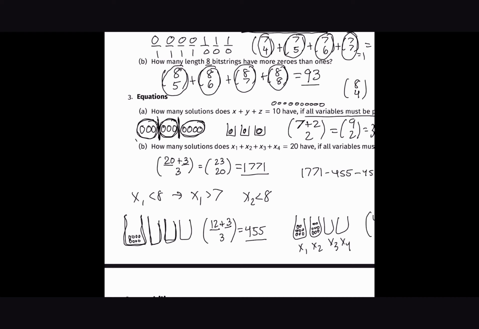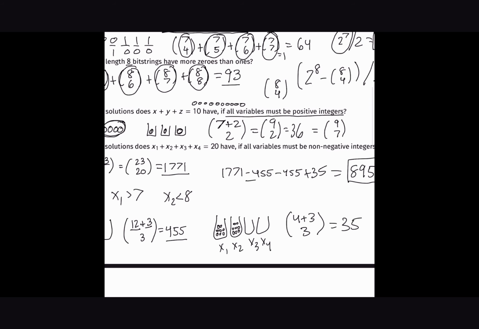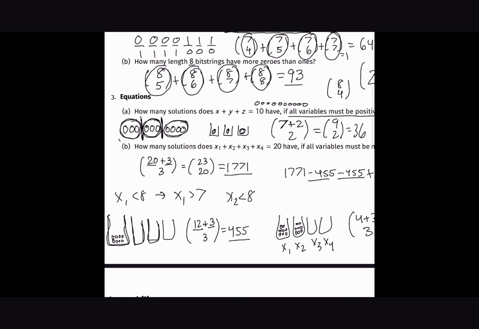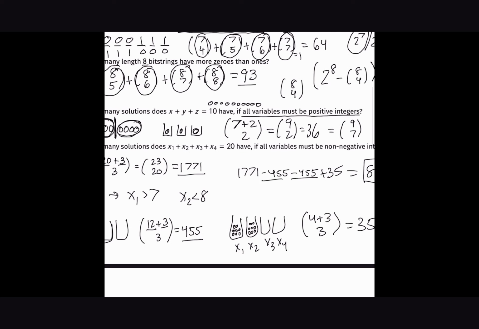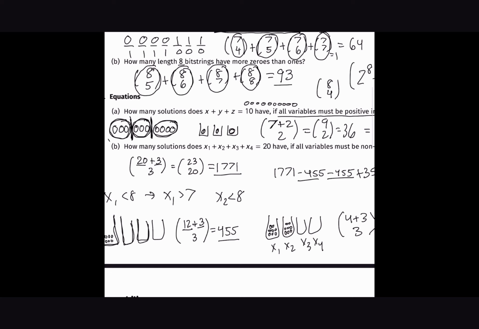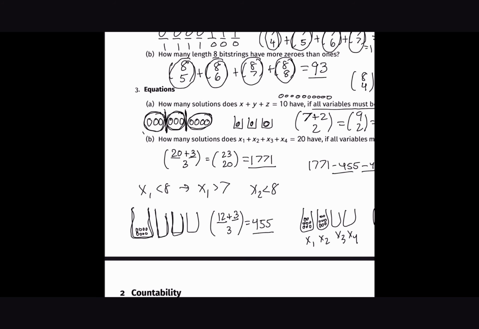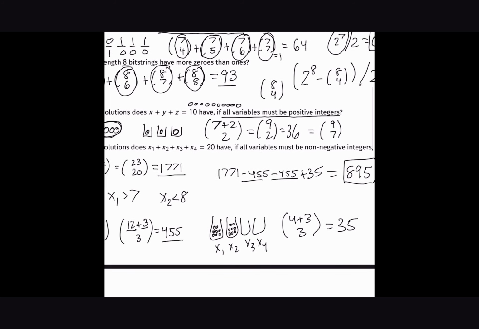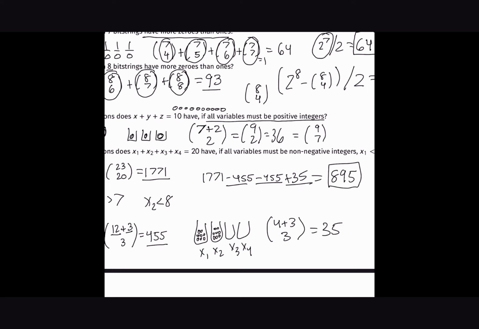This is a similar case to x1 being greater than 7, so it's 12 plus 3, choose 3, or 455. That's why we subtract 455 twice, to denote x1 being greater than 7 and x2 being greater than 7. But because this double counts, since we also include the cases where x1 and x2 are both greater than 7, we have to add back the case where x1 and x2 are both greater than 7.